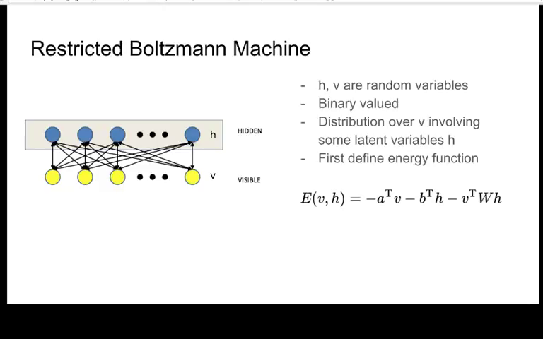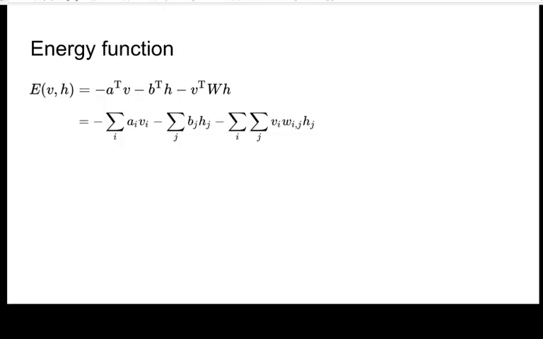So if you look at this, I've just expanded these out. Broadly, you want energy to be lowered, that's the way you define things. That's why there's a negative. Let's talk about the first term.